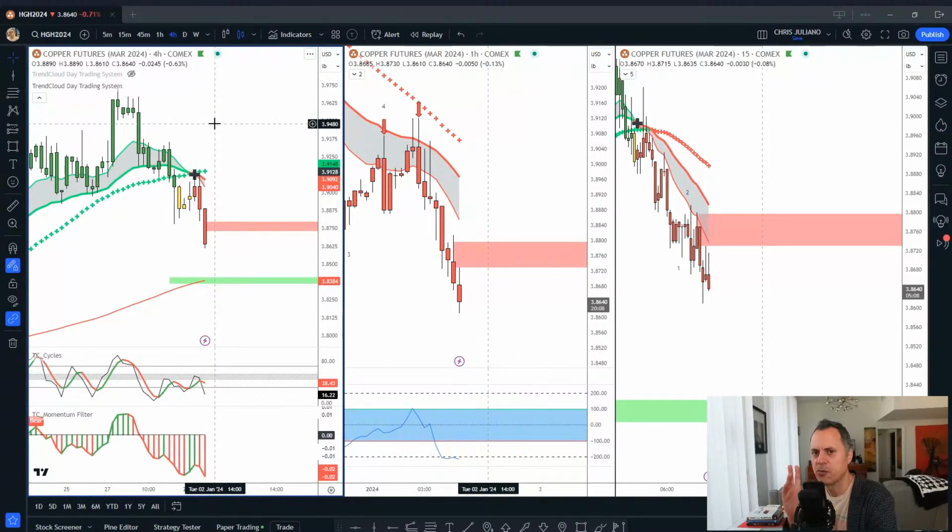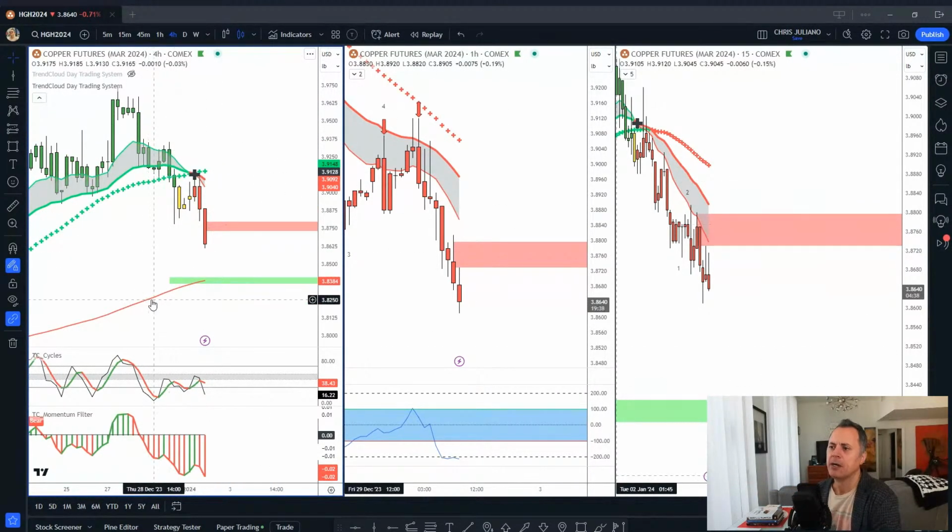And we only look at those moving averages on the highest time frame because it takes precedence, right? The higher the time frame, the more accurate those moving averages are going to be. Why is that? Because you just have more people looking at it. It becomes a self-fulfilling prophecy. This is mass psychology at work.